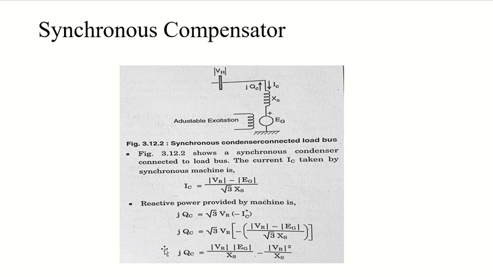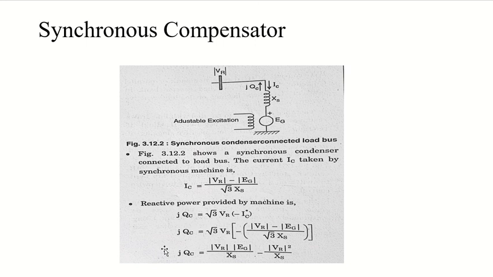A transmission line requires lagging var during peak load condition and leading var during the off peak condition. Because of that, the synchronous compensator is very well suited for voltage regulation, as it can supply both lagging and leading VARs.